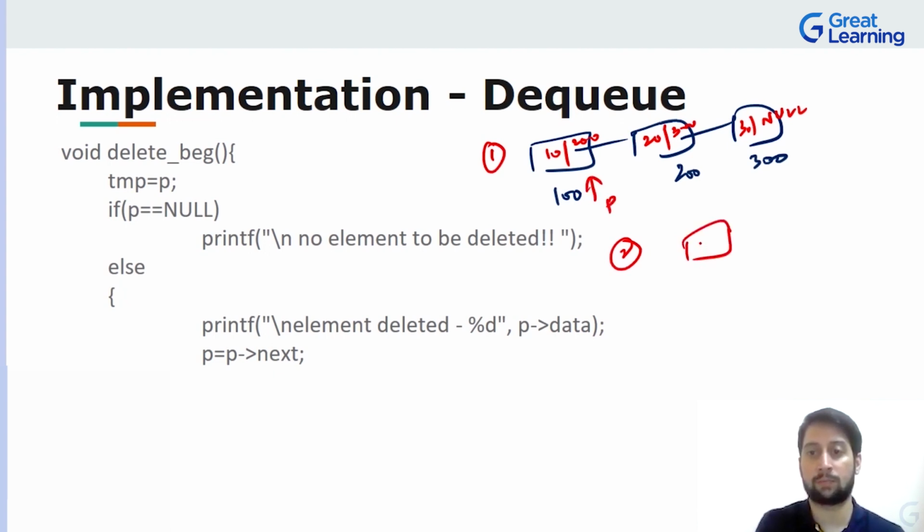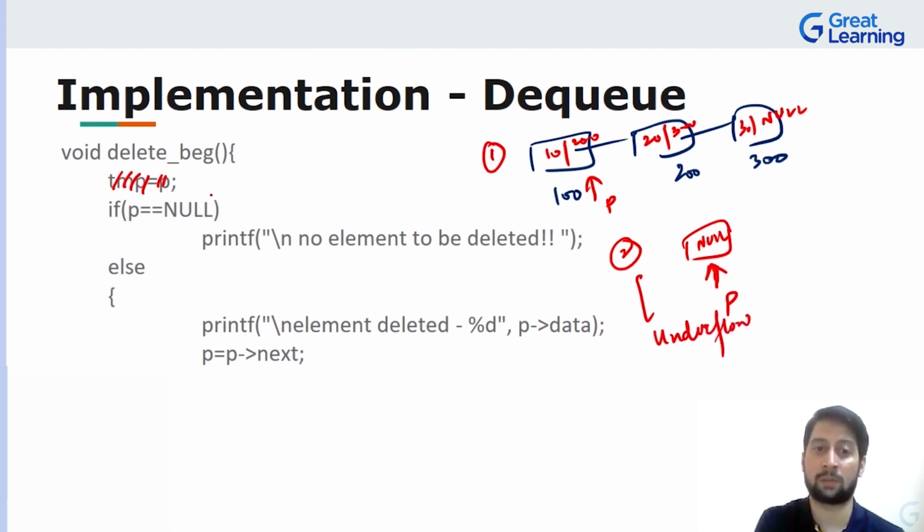The second scenario is where this is null and P is pointing to this. Now, I think TMP is not required in this. So is P equal to null? In this case, yes. Then you cannot delete any elements. This is the condition for underflow.